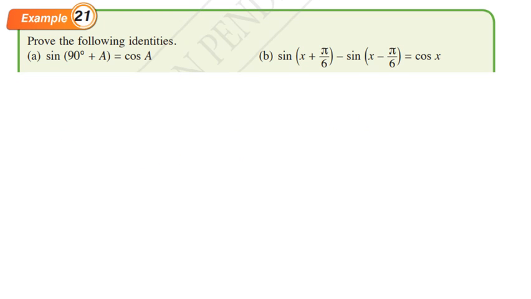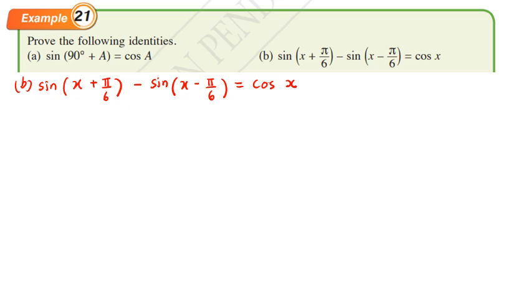Okay, next we go for B. For this question, it's more complex, but it's okay. We just do one by one, just focus on teacher, okay? So, for B, just rewrite back. B is sin(x + pi/6) minus sin(x - pi/6) is equal to cos x.